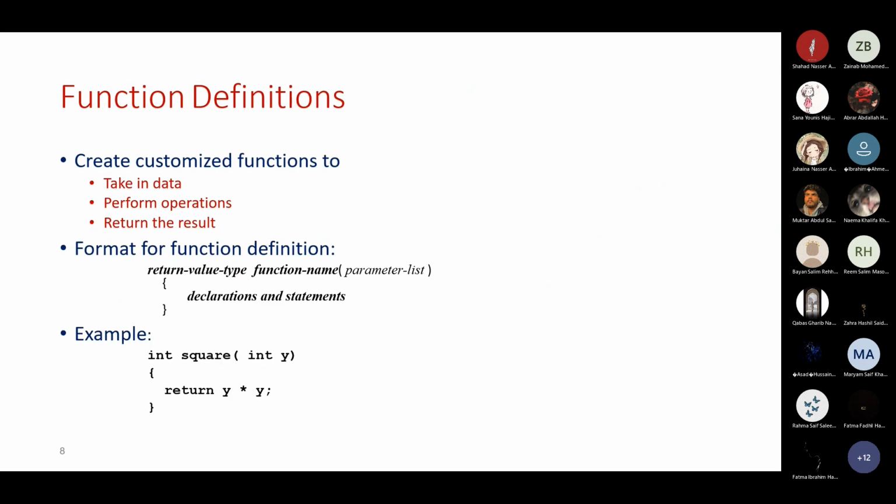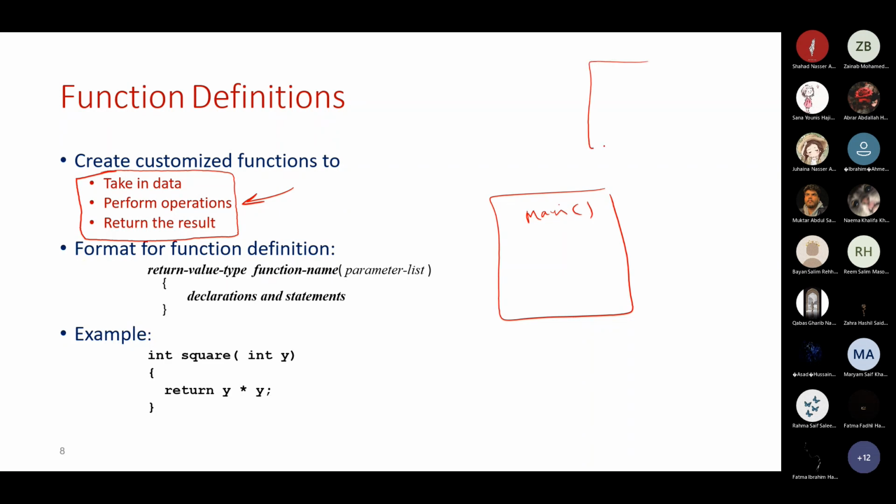Now, the prototype of the function or the function definition is to create a customized function to take in data, perform an operation, and return the result. So these are the 3 important parts of any function. It takes data. I have this is the main, and I have some function called f1 of x.